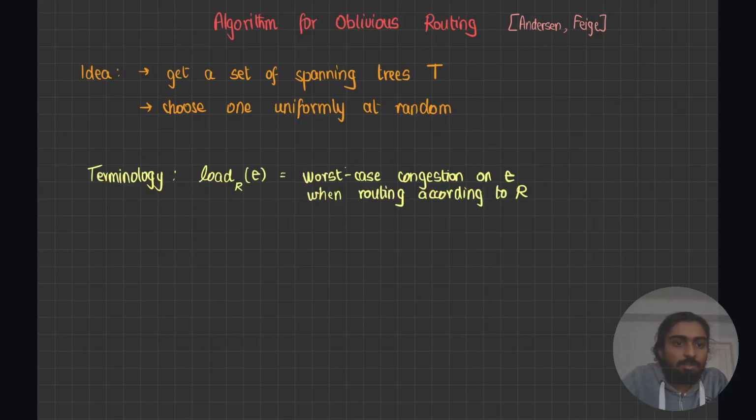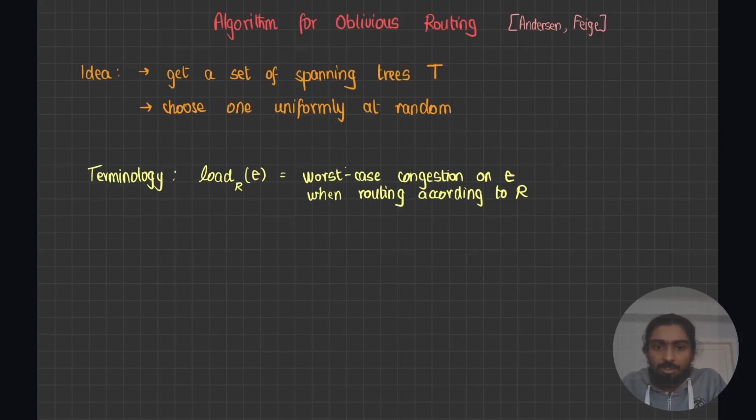We need one piece of terminology for this, which is the load on an edge induced by a routing. So this essentially says for every routing, there is some sort of worst case demands which you can ask for it.